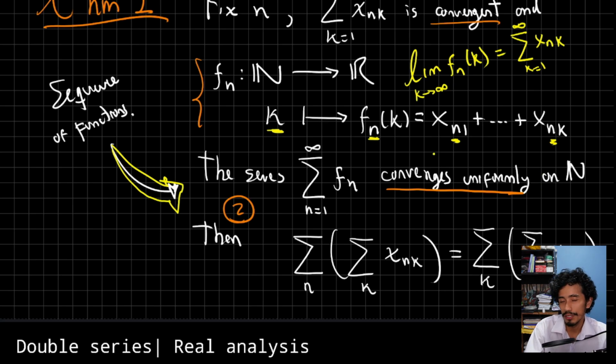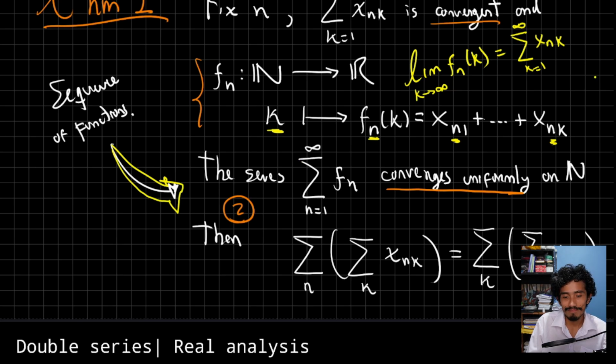With uniform convergence we are allowed to do some kind of tricks: the limit can enter the summation symbol. So we have this summation, and we can apply the limit inside it, and this is pretty much how this thing works.